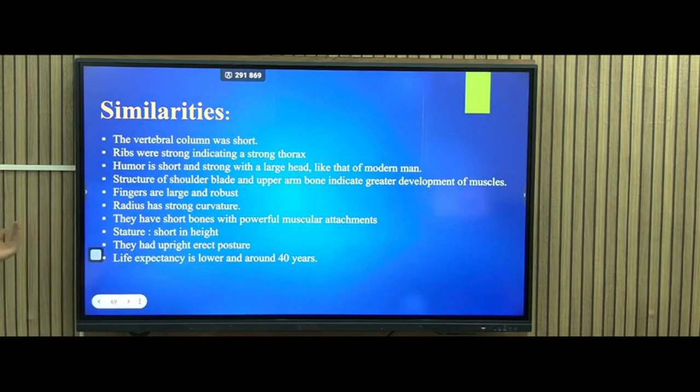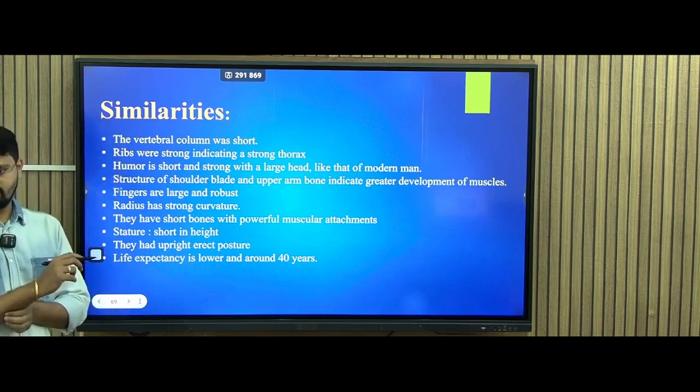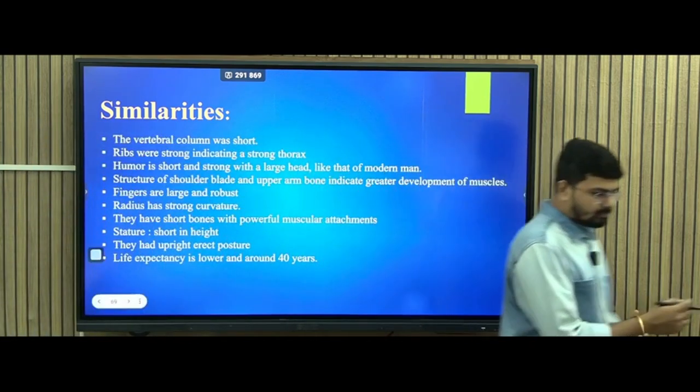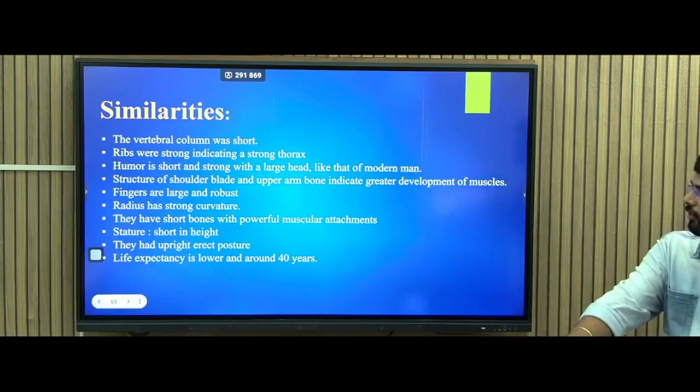Now the similarities between them, we have seen the differences, but there will be some similarities as well. Vertebral column was short in both, and at the same time ribs were strong, indicating strong thorax. And then you have humerus bone, where do you see the humerus?